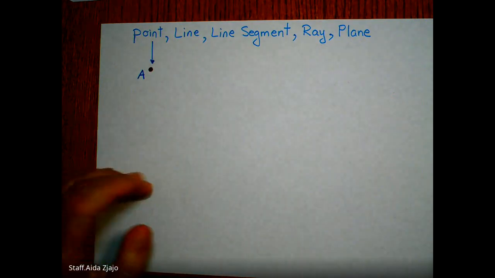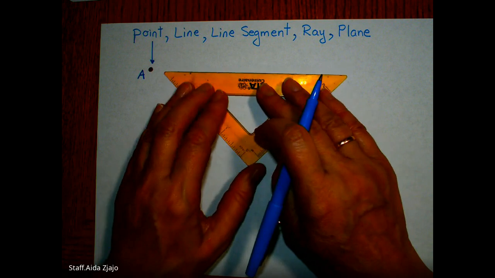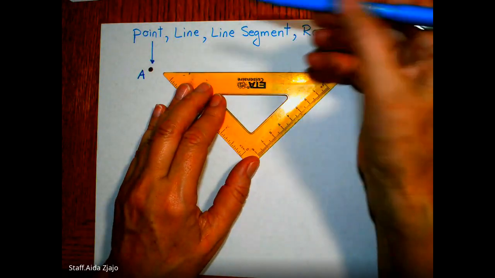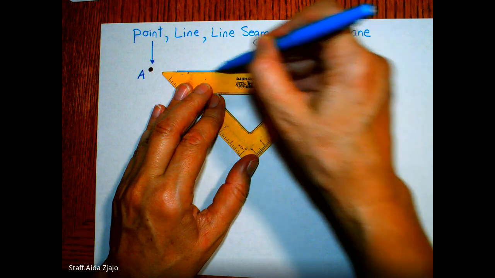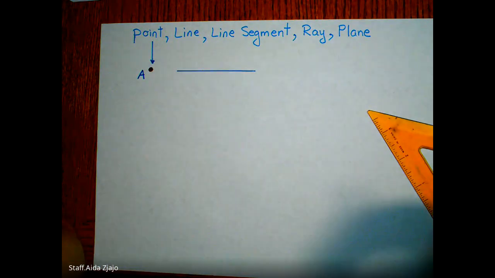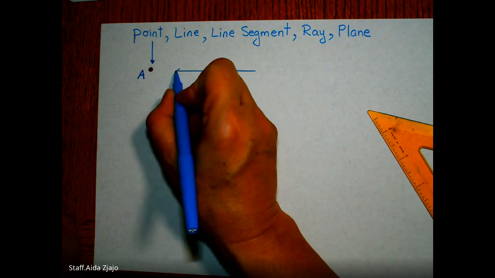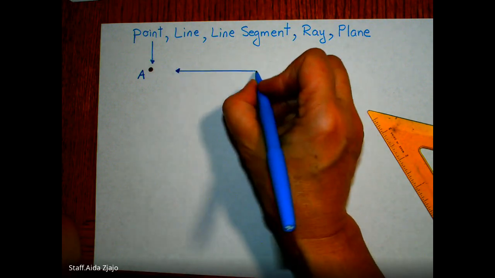Now I'm going to do line. A line has to be a straight line, but this is not a line. A line has to have arrows on both sides because a line never stops.